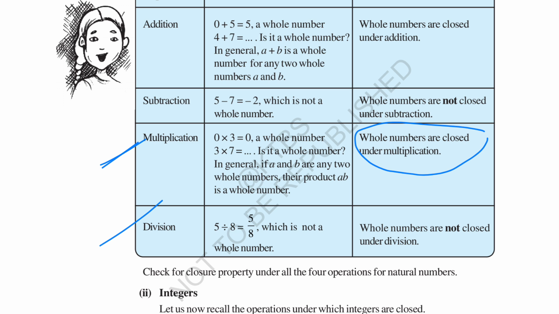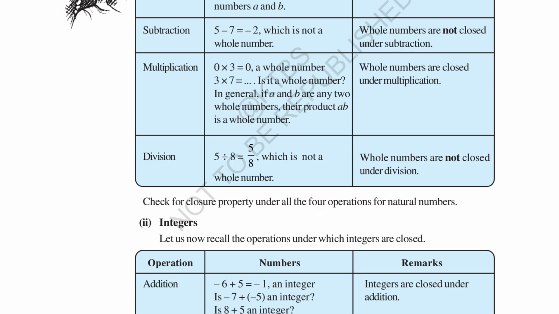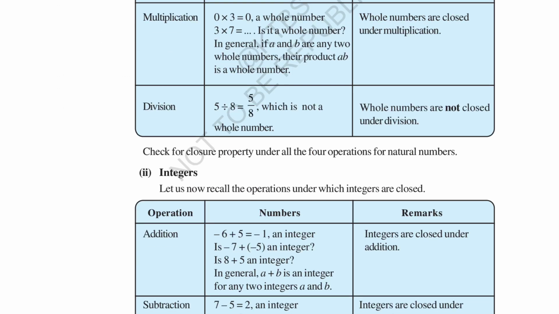If you divide any whole number by another whole number, the result is not closed under division because sometimes if we divide 2 by 3, the result is not a whole number. That's why division is not satisfied for the closure property. So the total conclusion is that the closure property is satisfied for addition and multiplication, not for subtraction and division.